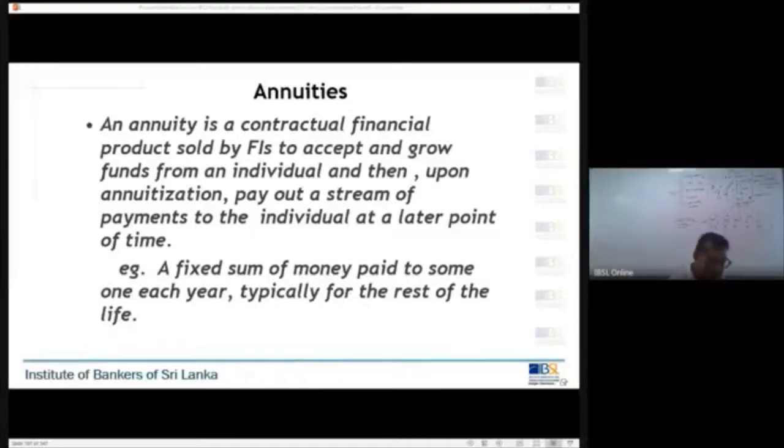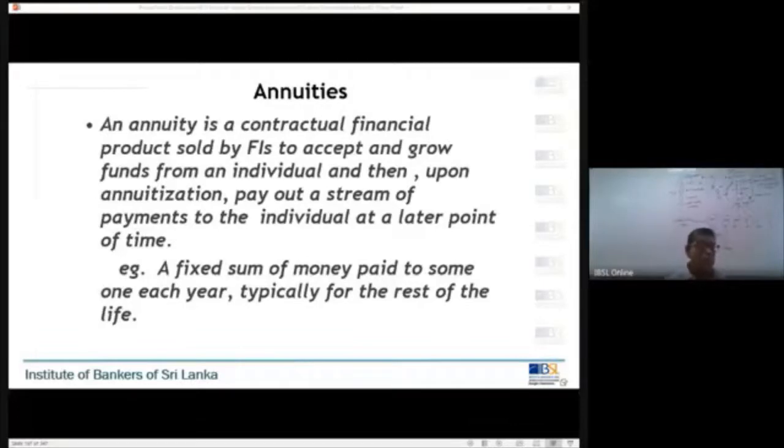Say for an example, I am 50 years old. Now I enter into a contract with the bank, Bank of Ceylon. It's like some sort of a pension product.